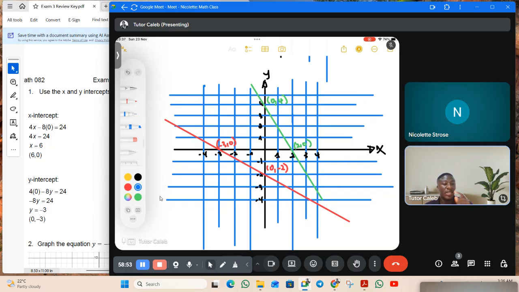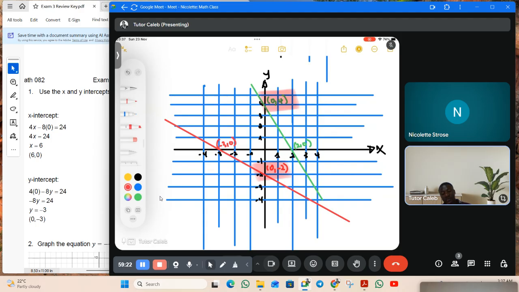On the red line, you have 0, 4 and 0, negative 2. For both of those points, the x coordinate is always 0. So we understand that whenever a line cuts the y-axis, the coordinate for x will always be 0.